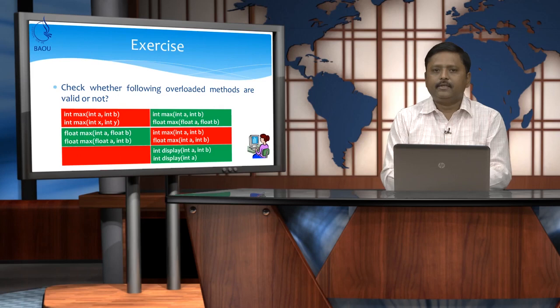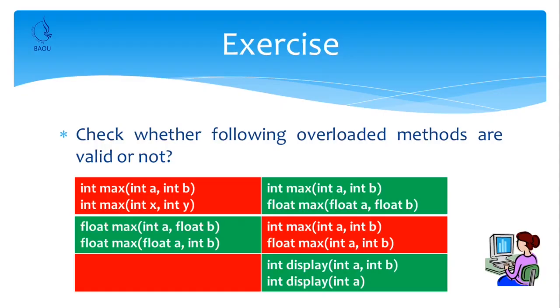Now, we have discussed method overloading, but to check whether you got the point or not, let us take one example so that you can understand how overloaded methods work. Here we have different definitions of overloaded methods, and you have to decide which are valid or not. In the first case we have two methods with the name max.